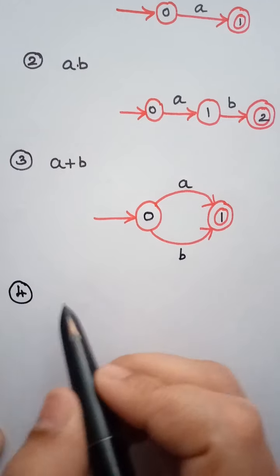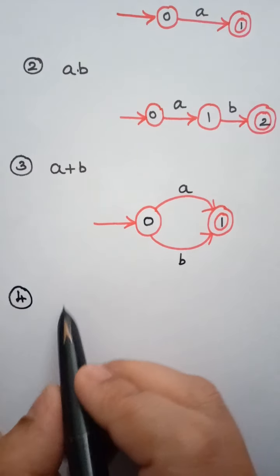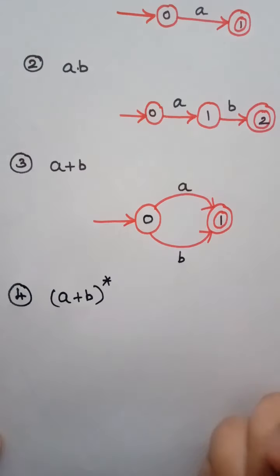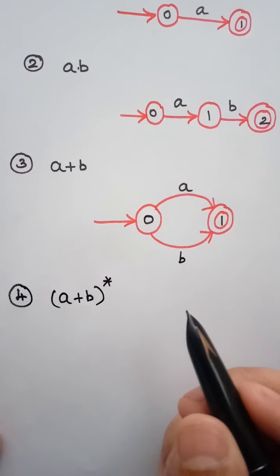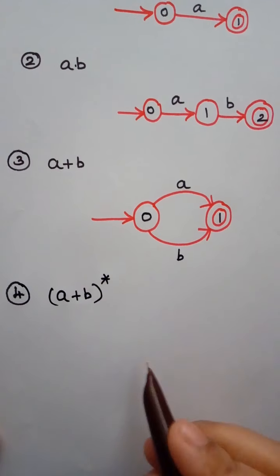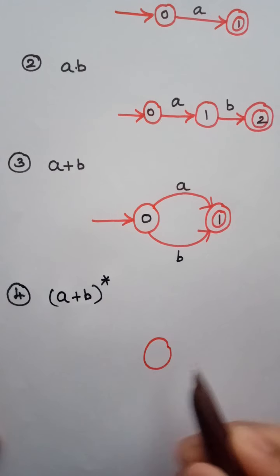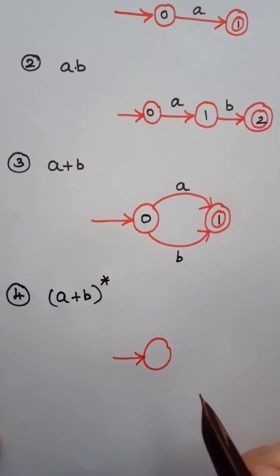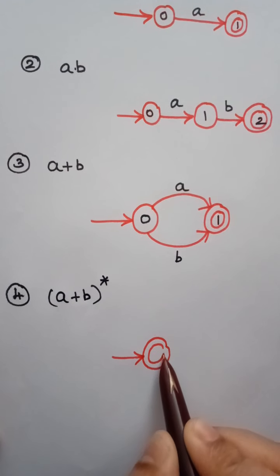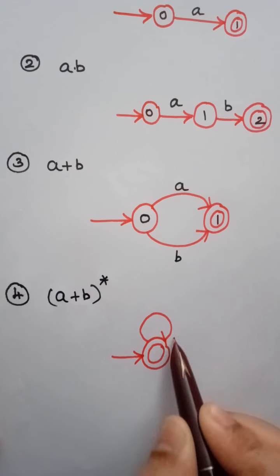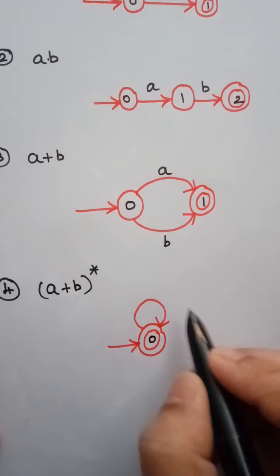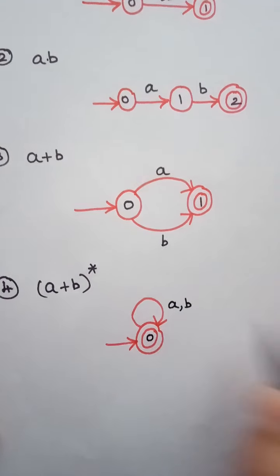The next basic operation is closure. When it is given as (A plus B) closure, for example, how can we construct the NFA? Let this be the starting state. Since we have (A plus B) closure, this is how we have to construct the NFA.